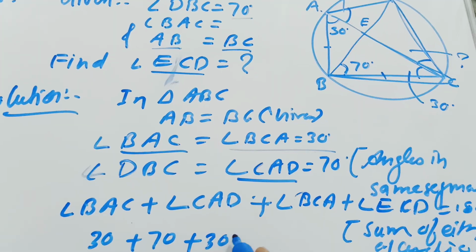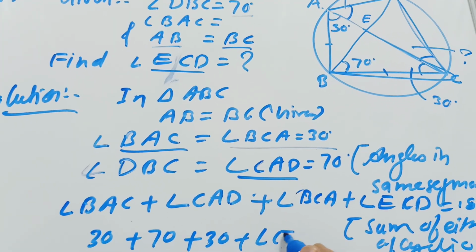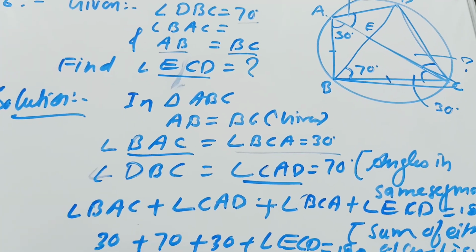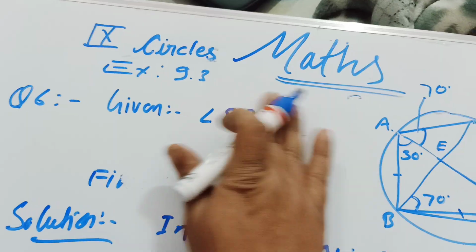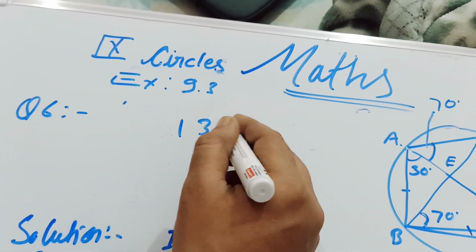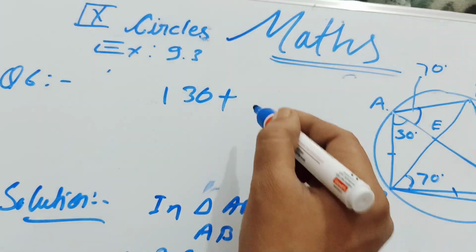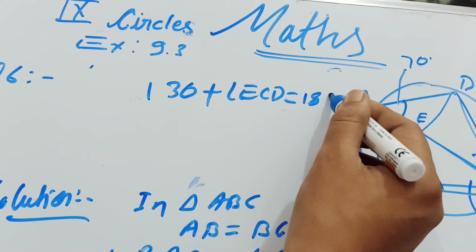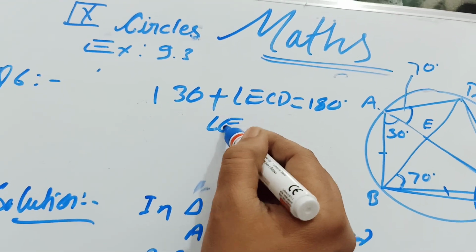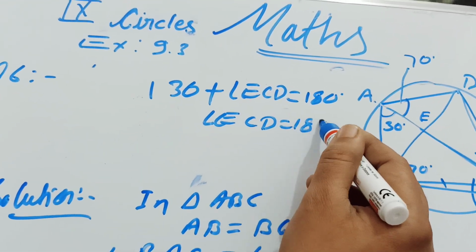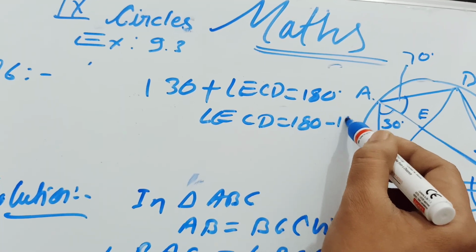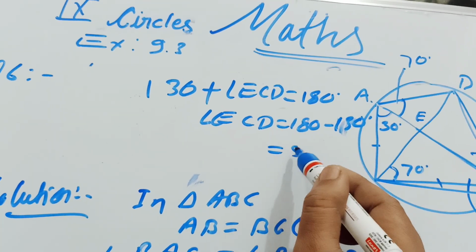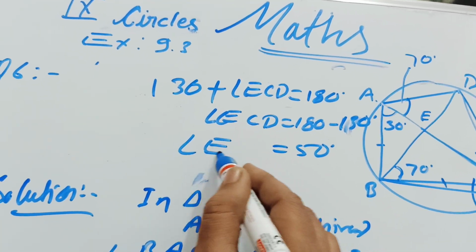This is also 30, plus that is not known, ECD, equal to 180. If we add all of these, we will get 130 plus ECD. So angle ECD, and that is equal to 180. If you transfer this to this side, ECD is equal to 180 minus 130. So as we subtract, we will have 50, that is ECD.